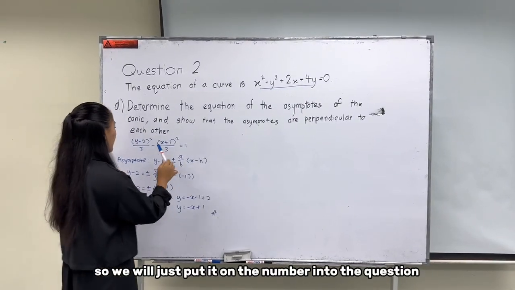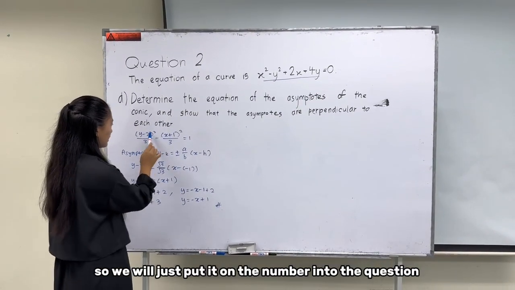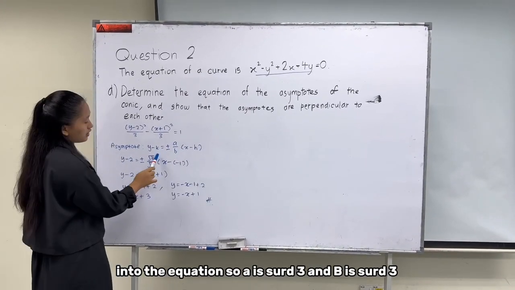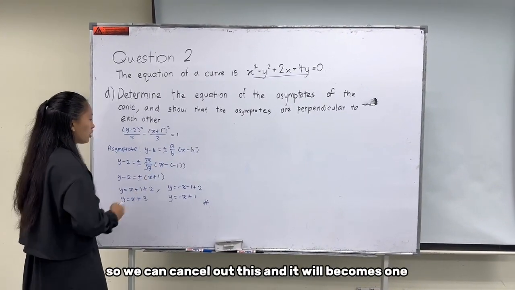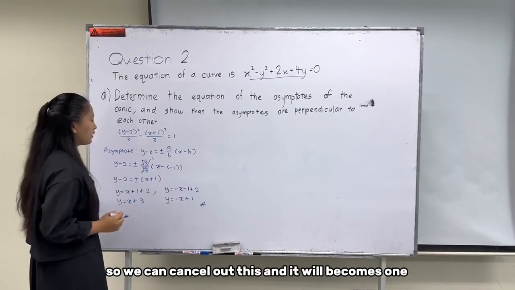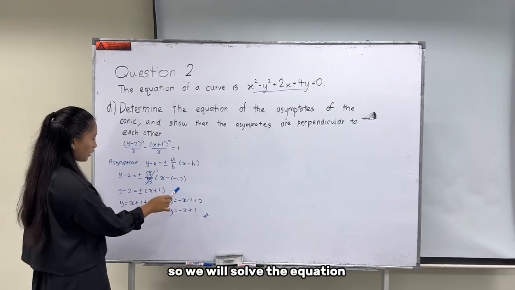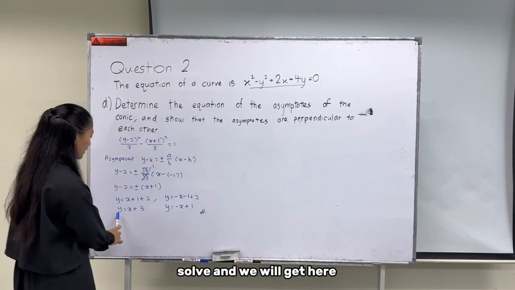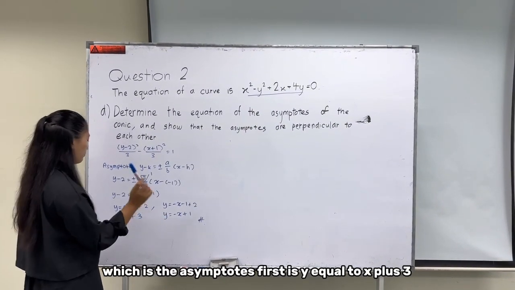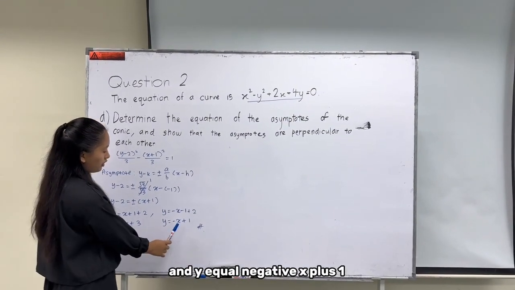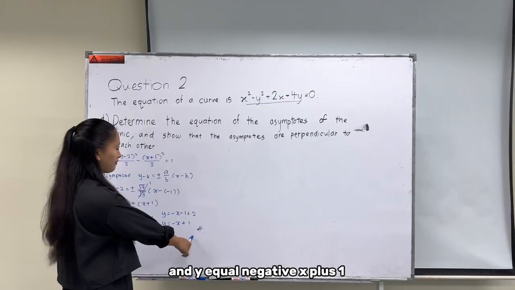So we just put the numbers into the equation. a is root 3 and b is root 3, so we can cancel out and it becomes 1. We solve the equation and get the asymptotes: first is y equals x plus 3 and y equals negative x plus 1.